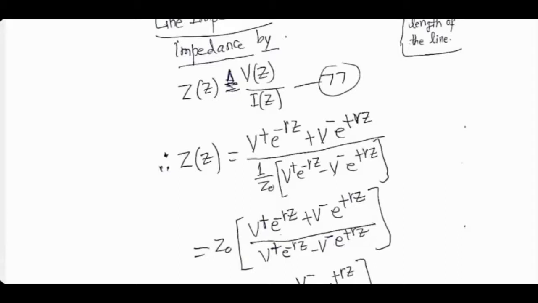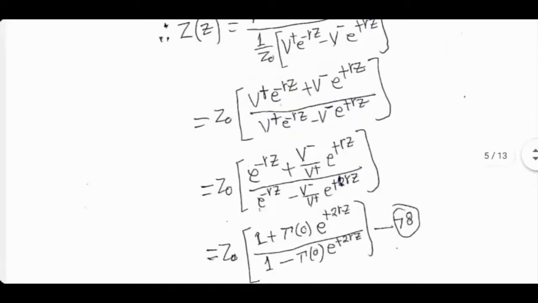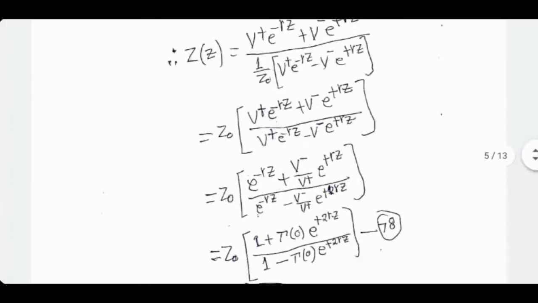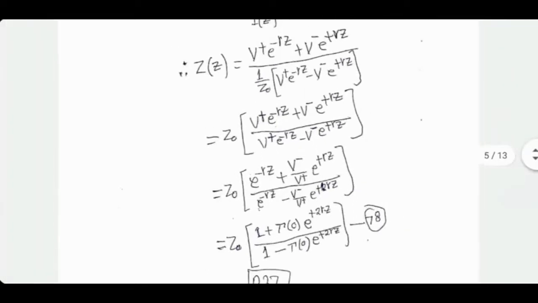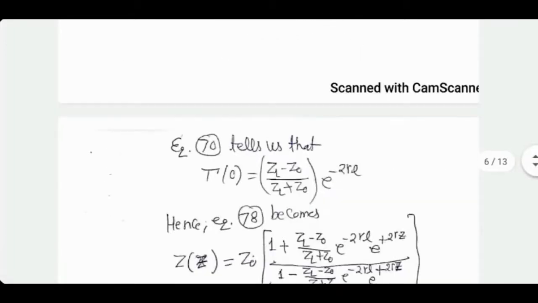Now I will divide numerator and denominator by V plus once again. And V minus upon V plus is the reflection coefficient at the input end. We have defined it. So the impedance of the line at any point is related to the input reflection coefficient by equation 78.